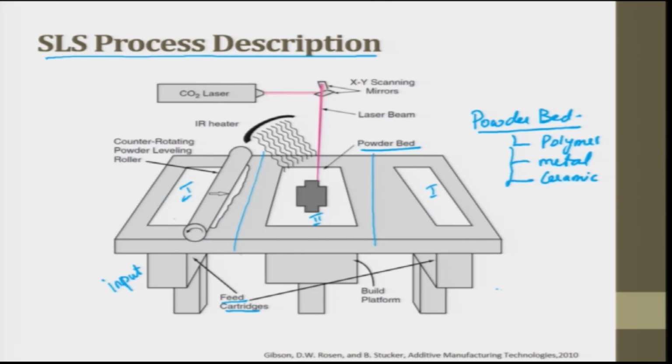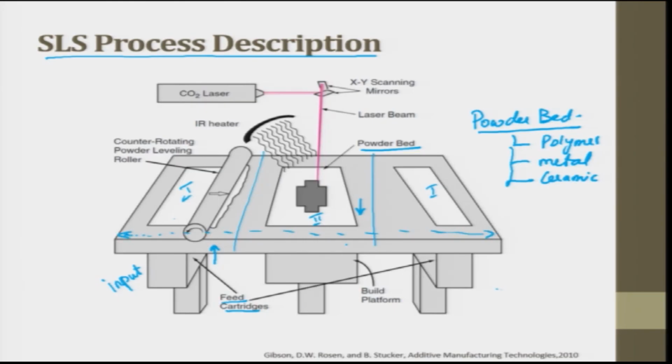So how can this happen? Every time the table has to sink by a layer, and correspondingly the cartridge has to rise by one layer. The moment it rises by one layer, a roller, this is a roller, starts moving from here and travels to the other extreme end.